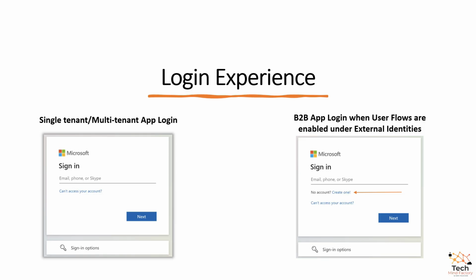Yeah, so in this case, external users will be able to create their accounts and they will land in our Entra tenant as guest users. Okay, so in this case, we talk about B2B because as you remember, when we enable the B2B feature with user flows, we still talk about a single tenant application.